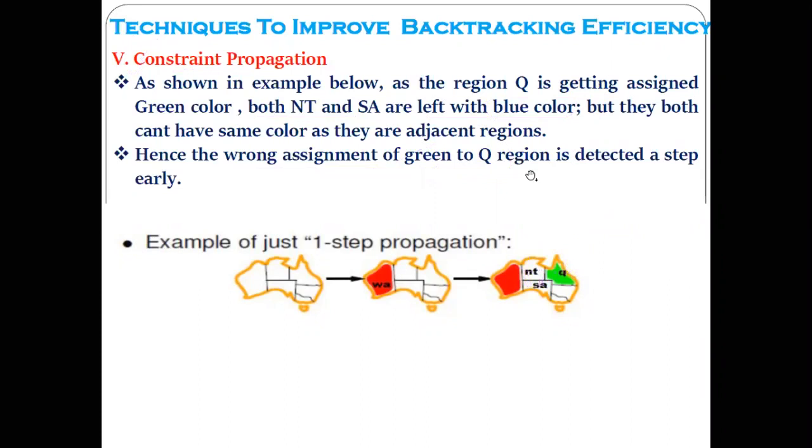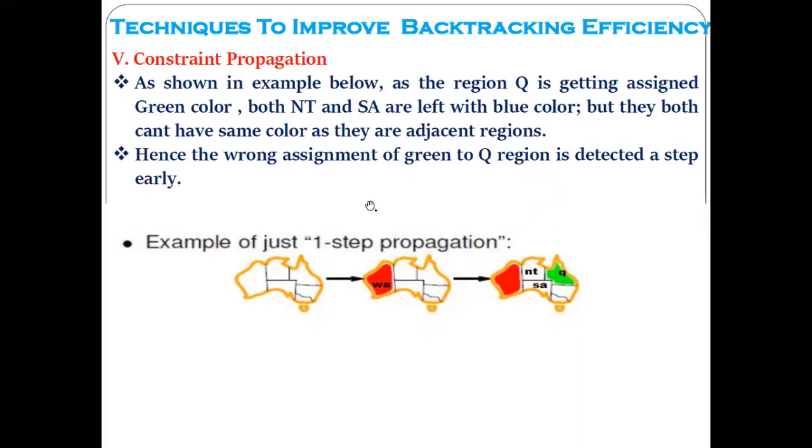What was the first we have discussed? First technique was the least constraining value. Second was the most constraining variable. Third is the most constrained variable. Fourth is forward checking, and last one was constraint propagation.